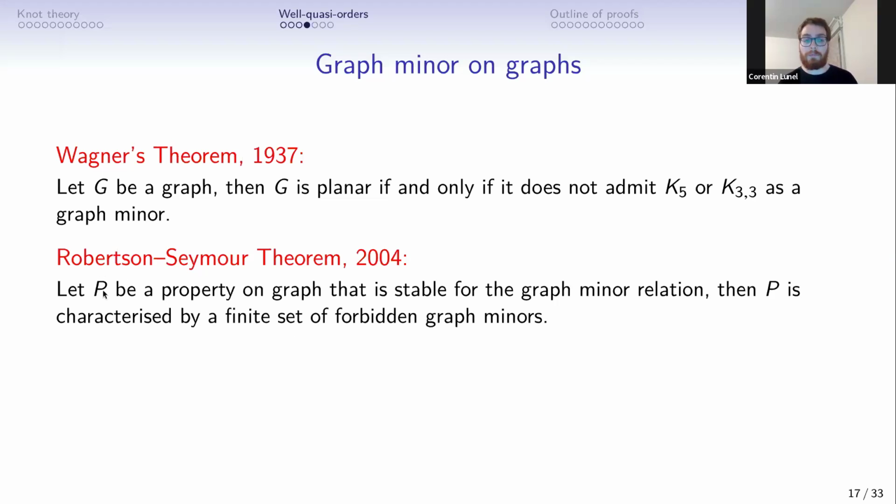For example, when P is the property of being embeddable in a plane, the set of forbidden minors is K5 and K3,3.